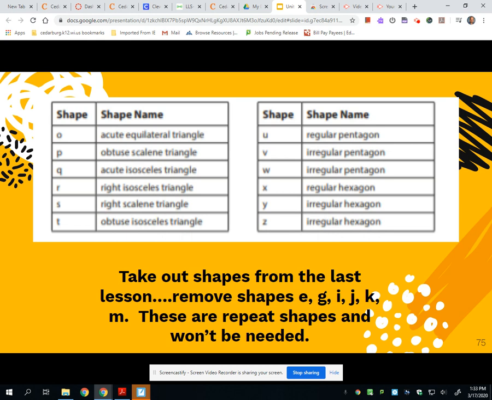From all of those shapes, I want you to take out the shapes from the last lesson. Remove shapes E, J, I, K, and M. These are all repeat shapes and won't be needed. So these are the shapes that you're going to need: shapes O, P, Q, R, S, T, and then U, V, W, X, Y, and Z.